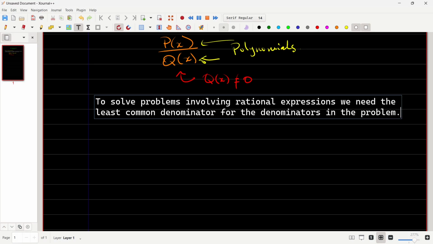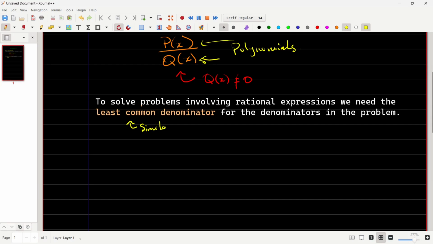All right. Now, let me just highlight that least common denominator. This here is very similar to your LCM that you would use in fractions. Similar to LCM, so your lowest common multiple. This one is the least common denominator.